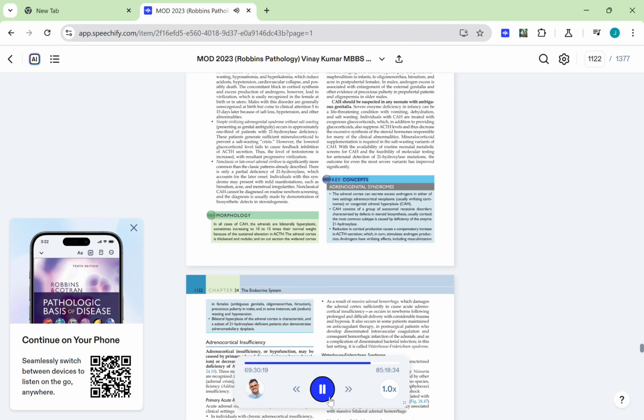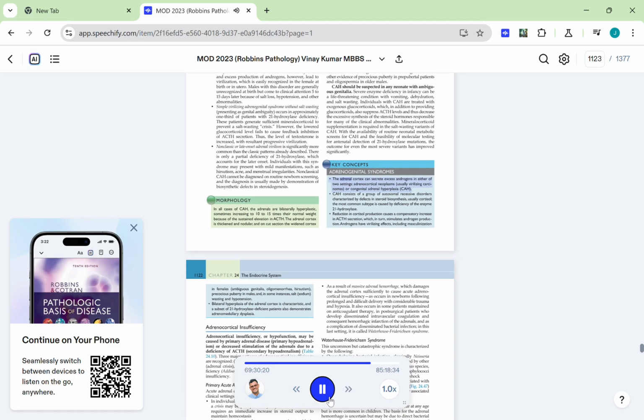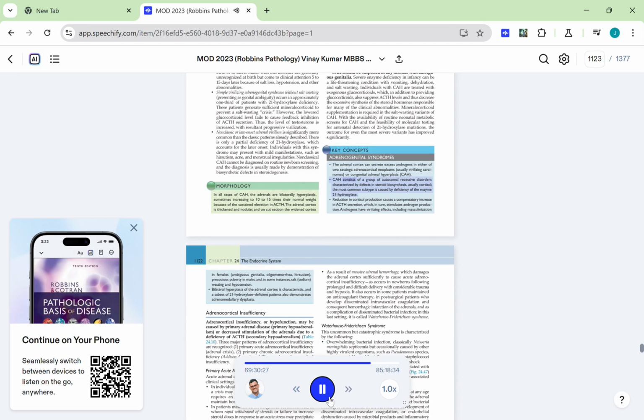Key concepts: adrenogenital syndromes. The adrenal cortex can secrete excess androgens in either of two settings: adrenocortical neoplasms or congenital adrenal hyperplasia. CAH consists of a group of autosomal recessive disorders characterized by defects in steroid biosynthesis. Usually cortisol, the most common subtype, is caused by deficiency of the enzyme 21-hydroxylase.